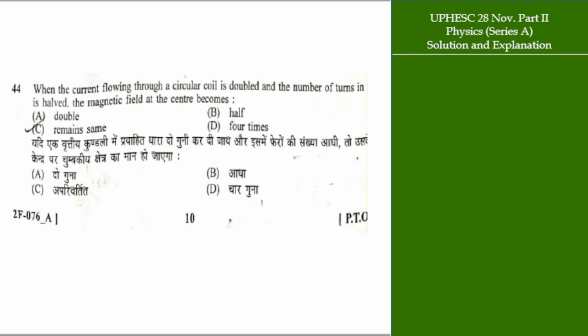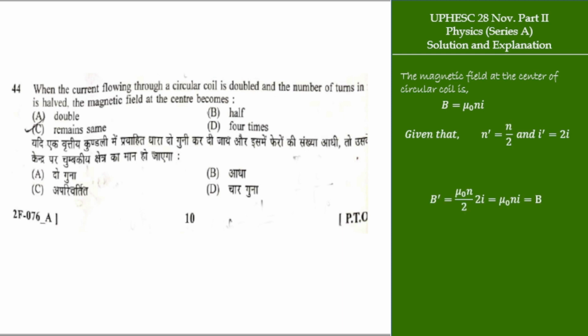So the formula for the magnetic field at the center of a circular coil is given by mu naught N I divided by 2r. N is the number of turns while I represents the current carried by the circular coil. So you will have N becomes N by 2 and I becomes 2I.